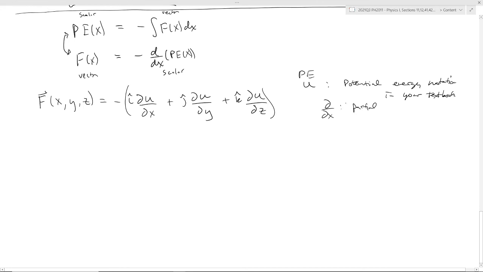If you haven't encountered this before, that's okay. You will at some point. You can think of this as basically just taking the derivative with respect to x and treating everything else as a constant.